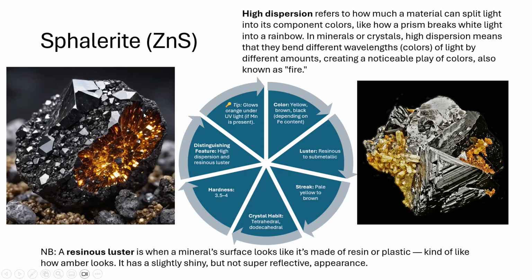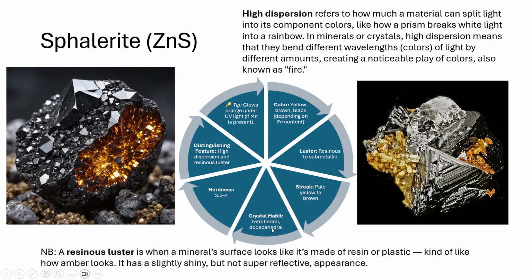So this is that dispersion. Can you see? This is the distinctive feature, and the fire kind of vibe. Then you know for a fact that I'm dealing with the sphalerite. That's why we say the distinctive feature is high dispersion and the resinous luster.